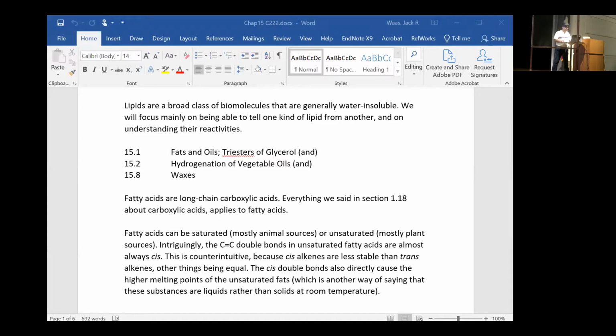So we're going to focus on structure and reactivity, just like we always do. And I hope to convince you that once we understand these lipids structurally, they're very approachable, and there's really nothing too terribly surprising about how they behave.